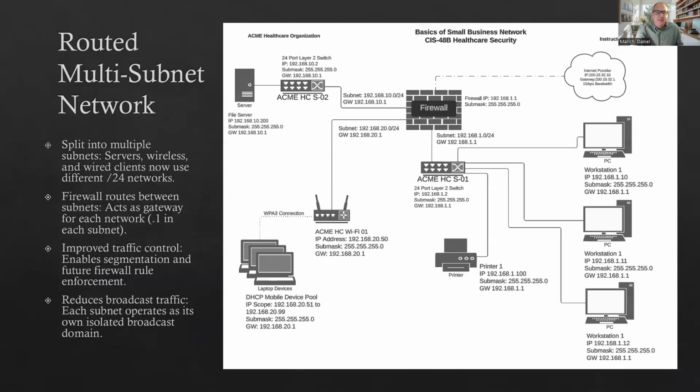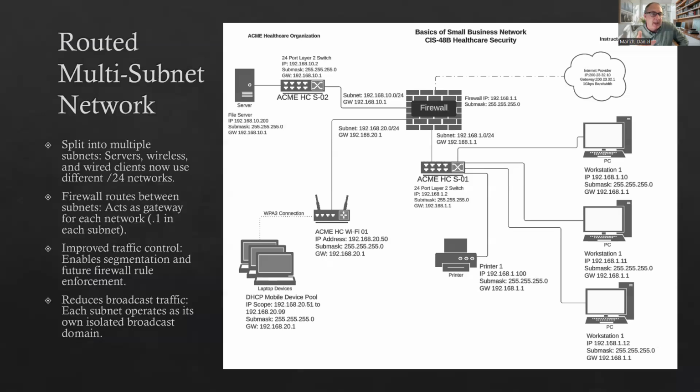So all of that is still the same. But I still have to set that up as a subnet within my firewall. Then I have a second subnet, which is 192.168.20.0/24, and the gateway for that one is 192.168.20.1. This gets set up in your managed firewall.